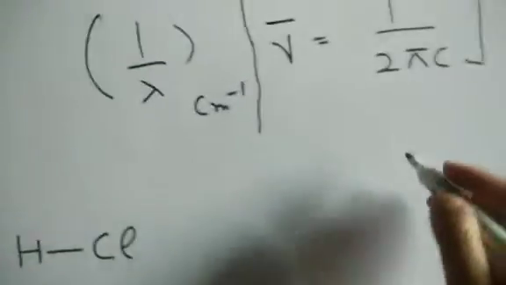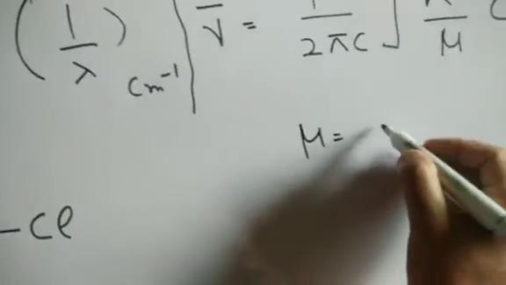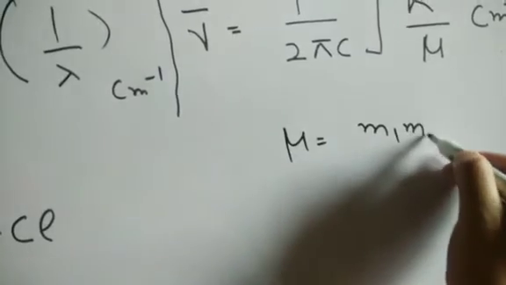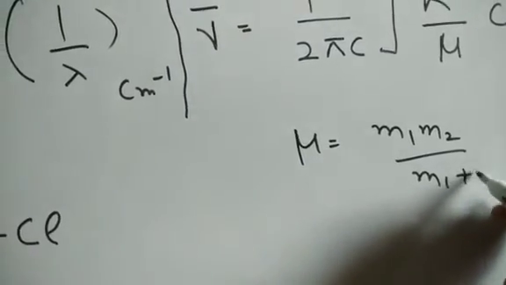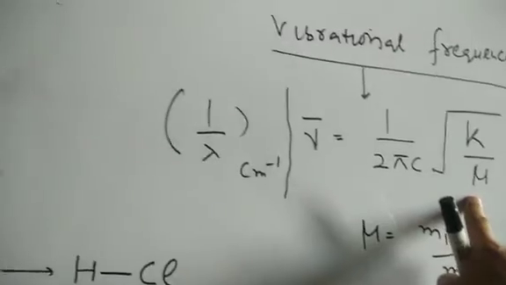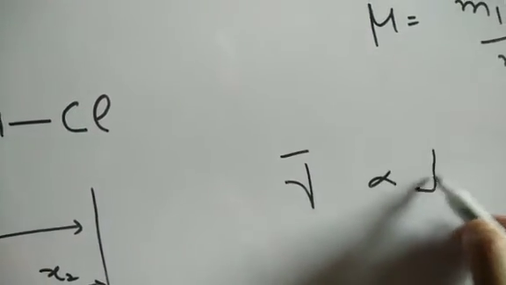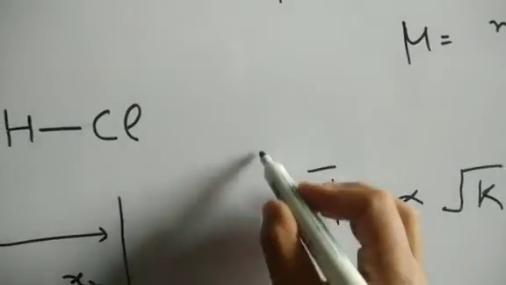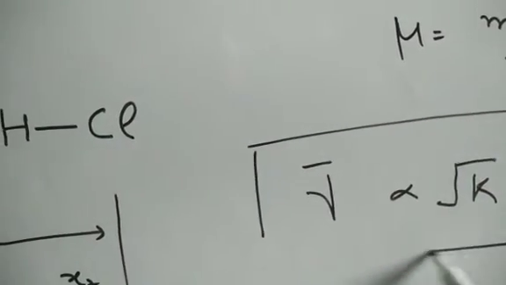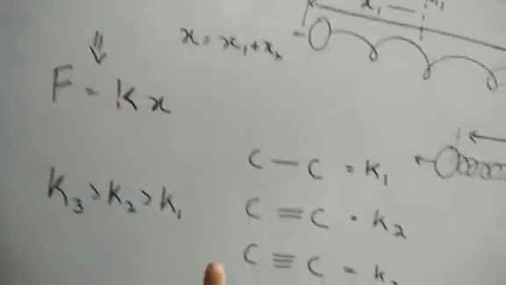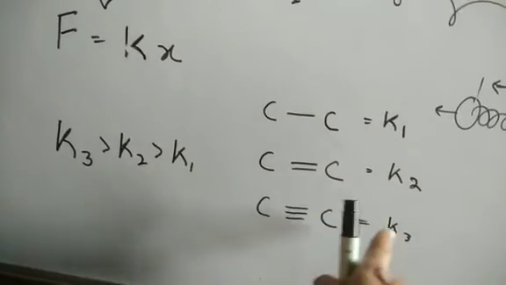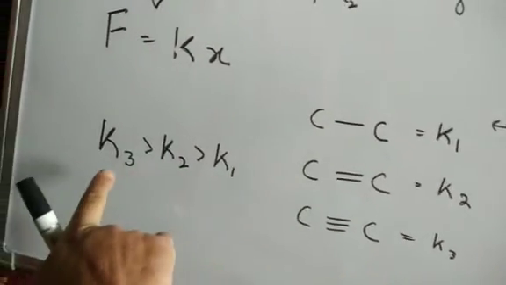So reduced mass में पहले भी देखा, reduced mass is equivalent to m1 m2 divided by m1 plus m2. तो अगर reduced mass आपका कम है, the vibration frequency will be more. यहाँ important जो मुझे बोलना है, that is your wave number of vibrational frequency that is directly proportional to the under root of force constant. तो अगर force constant ज़्यादा है, the bonds have more vibrational frequency. तो इसके हिसाब से, that's why I was saying, क्योंकि it's a triple bond, its force constant will be more, so its vibrational frequency is more.